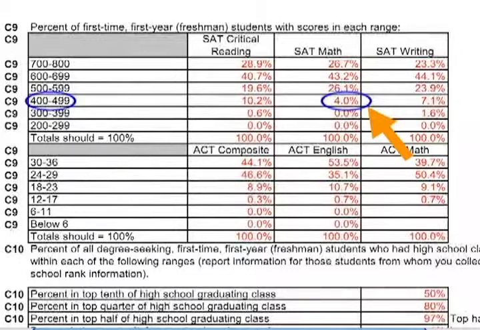So unless you have some really high-powered hook going for you, chances are that if that's where your testing is, you're not getting in there. Maybe it could be a reach on your list, but you don't want too many schools with reaches like that. So they really let you know whether or not your test scores give you a decent chance.